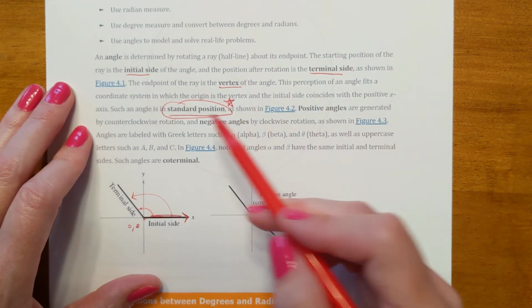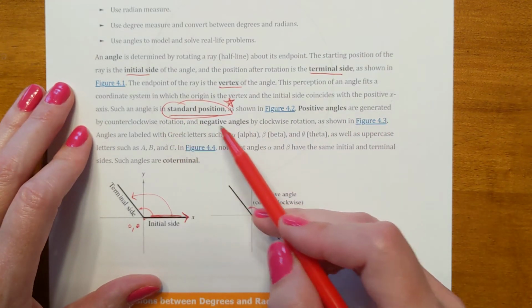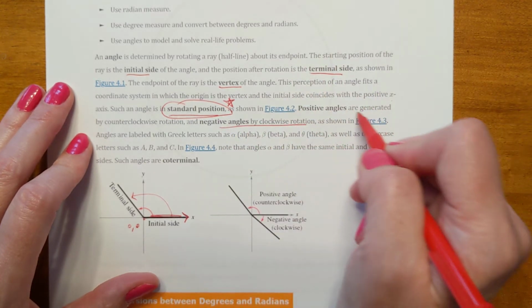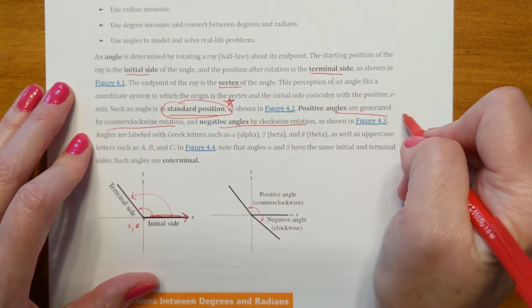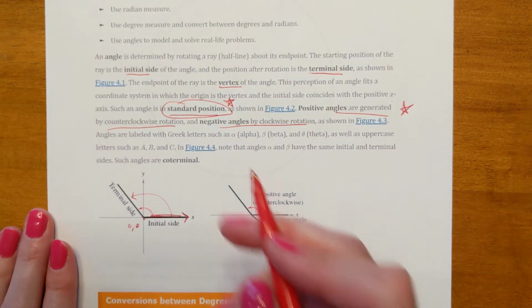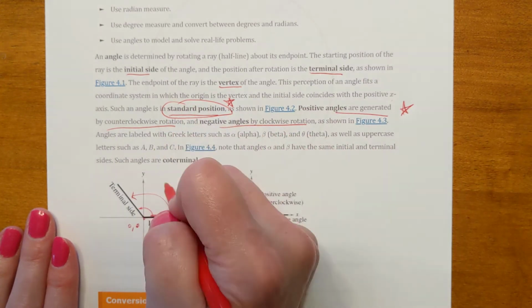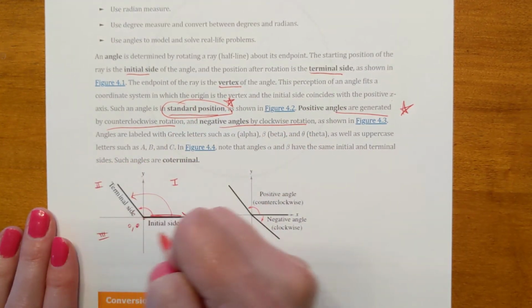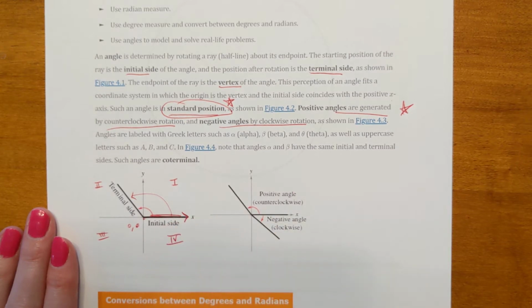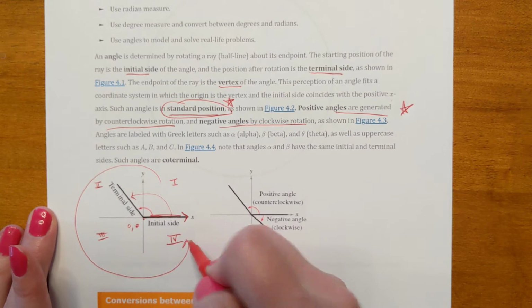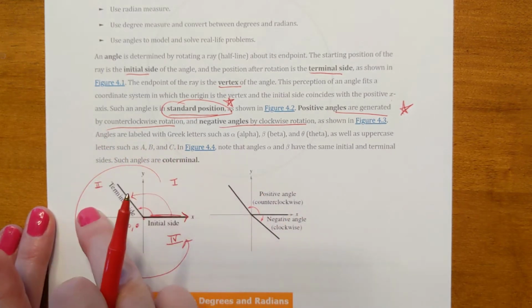Positive angles are generated by counterclockwise rotation and negative angles by a clockwise rotation. And some people always ask, why is that? Well, one explanation for it is if you number the quadrants, quadrant 1, 2, 3, 4, it's going counterclockwise, against the clock, backwards in time.